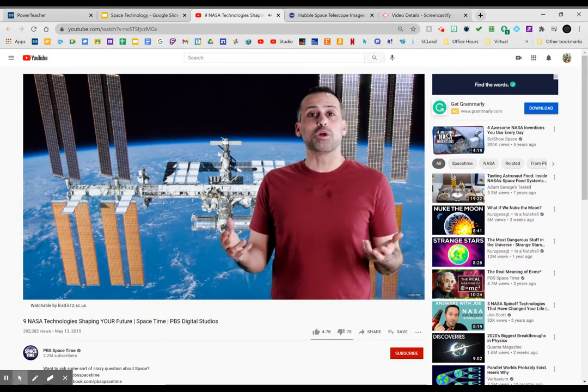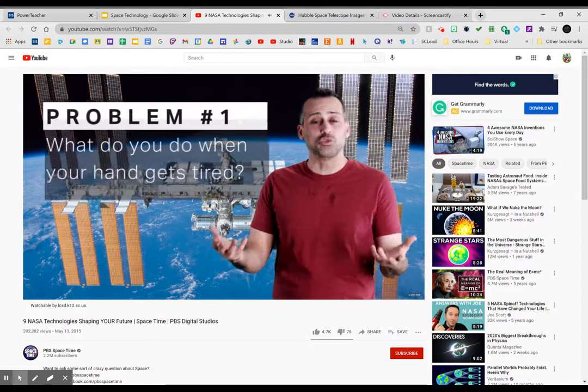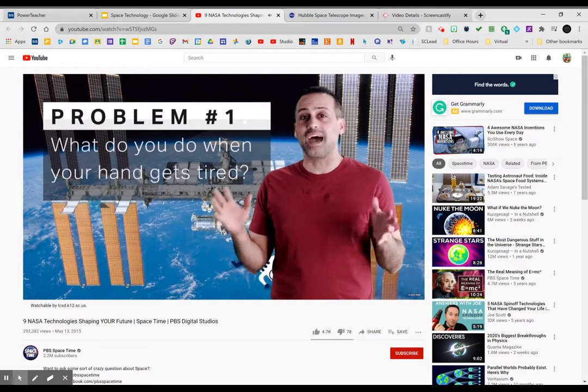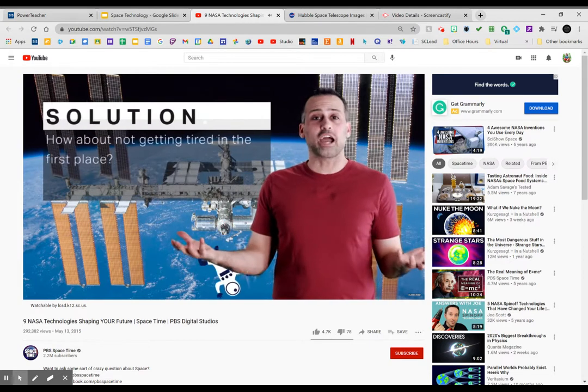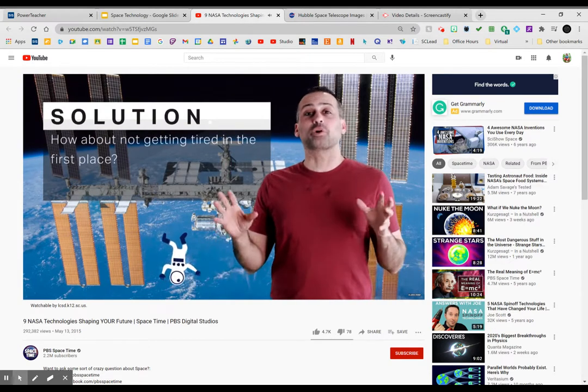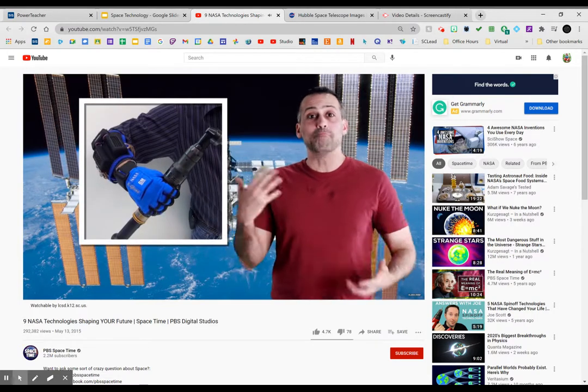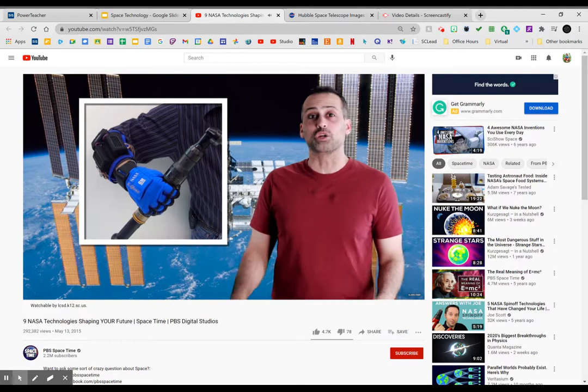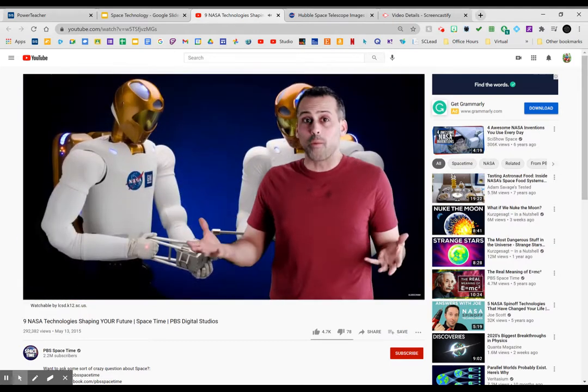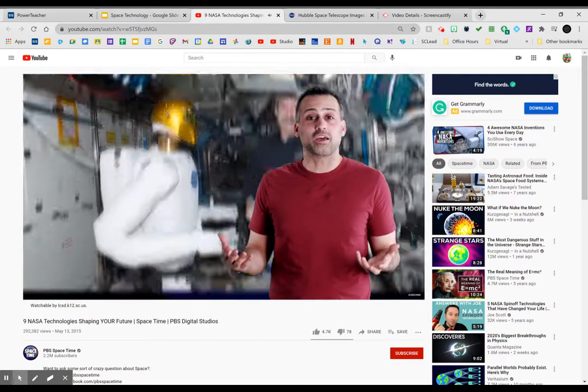What do you do when your hand inevitably gets tired and you start losing grip strength? NASA's answer? How about not getting tired in the first place? NASA has developed a prototype robo-glove that actually amplifies the human grip. They modeled it on the robotic hand of something else pretty cool, the robotic astronaut, or Robonaut, which has already been tested on the ISS.